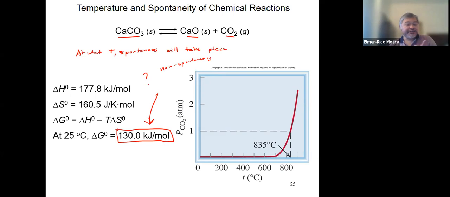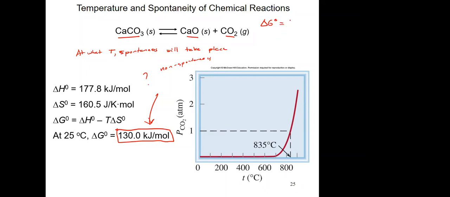Now the question is, at what temperature will this system become spontaneous? So what do you need to do? What would be the value of your delta G for the system to be spontaneous?